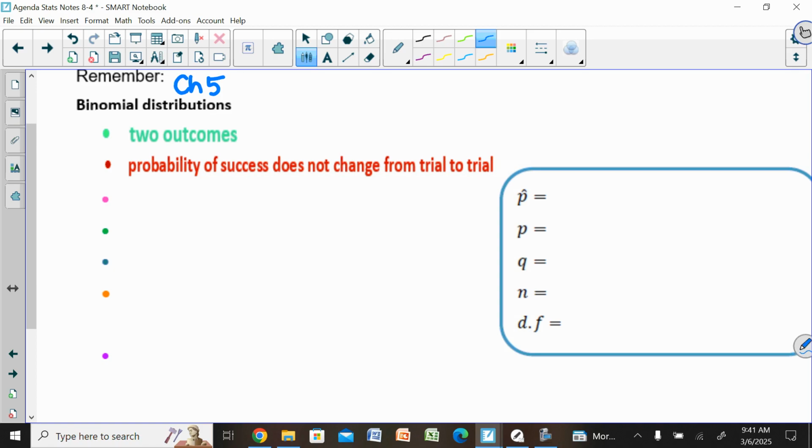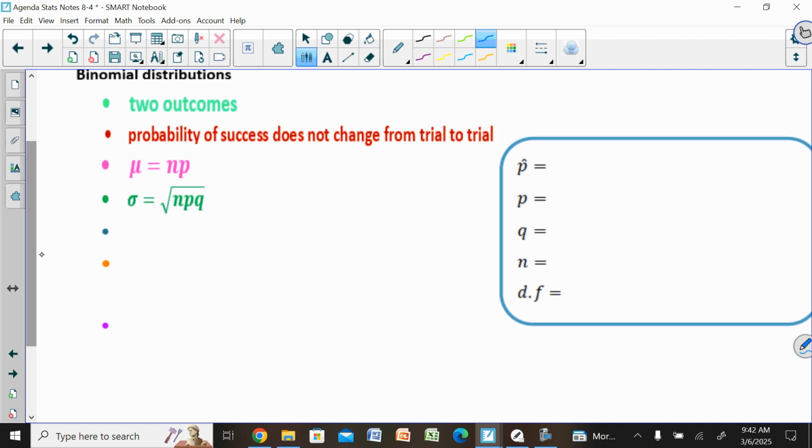So when we calculated our mean in a binomial distribution, our mu was equal to n times p. Our standard deviation is the square root of n times p times q. We have to have a condition. A condition, it's just a little check step at the beginning.